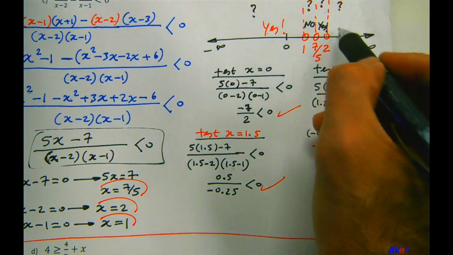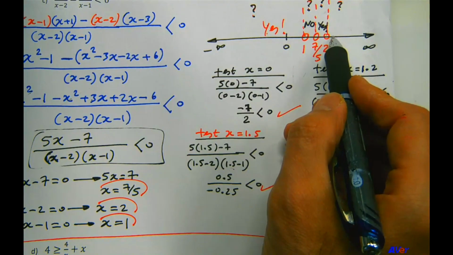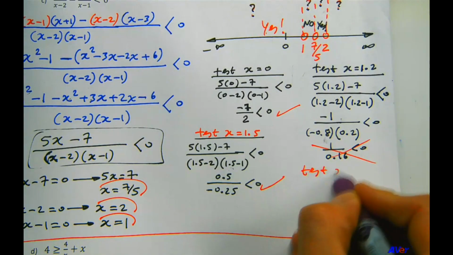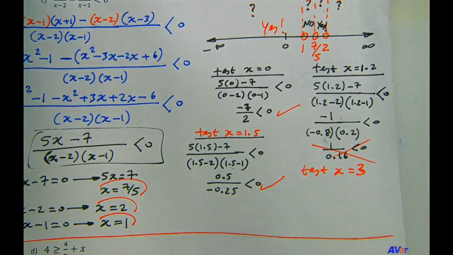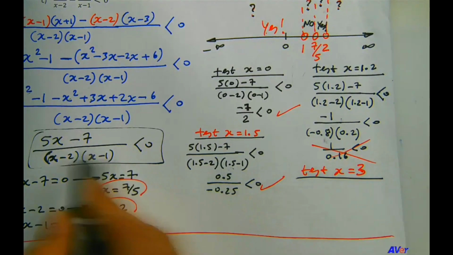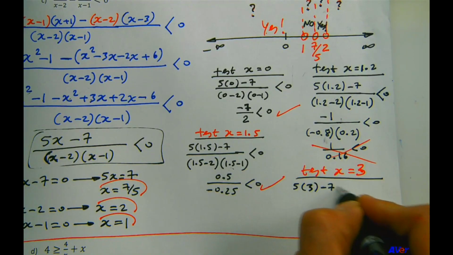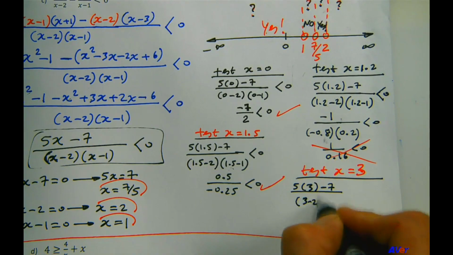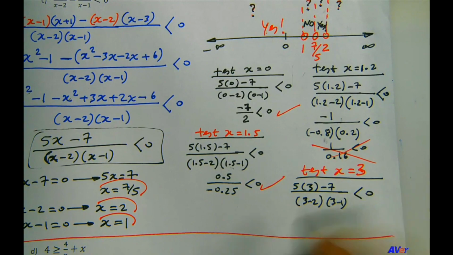So one more region to test, which would be after 2. So let's pick test value x equals 3. And we're going to plug in here, just like before. 5 times 3 minus 7 divided by 3 minus 2 times 3 minus 1 less than 0. So what do we have?